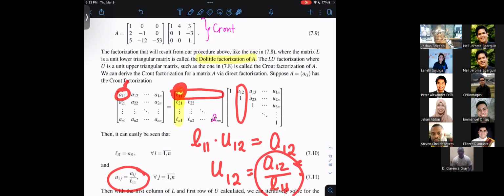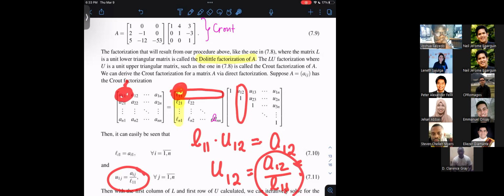Yeah, that's right. We're sure that A11 is non-zero because that constitutes the first minor of the matrix A. And we mentioned that the LU factorization will only exist if the principal minors are all non-zero. A11 being one of the principal minors should not be equal to 0.